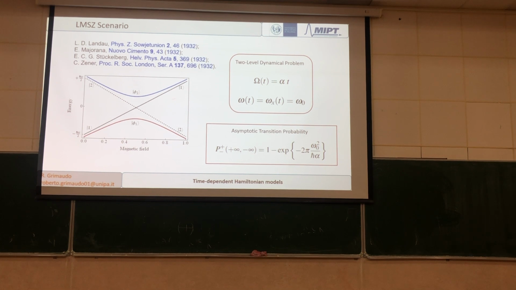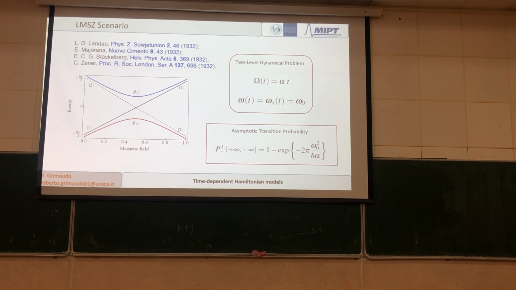These two lines are the time-dependent eigensolutions of the sigma z operator. They evolve in time in this way because of the linearly varying magnetic field along z, so the eigenvalues of sigma z evolve in time in this way.